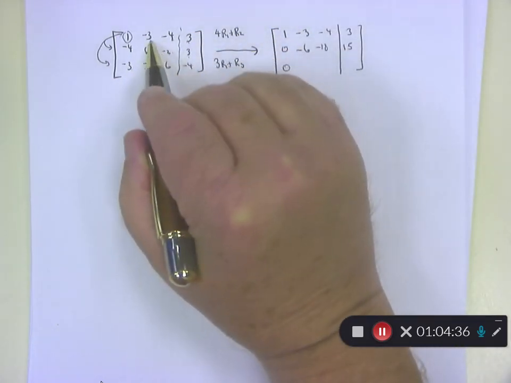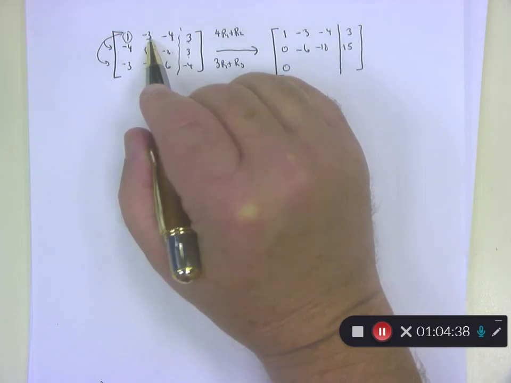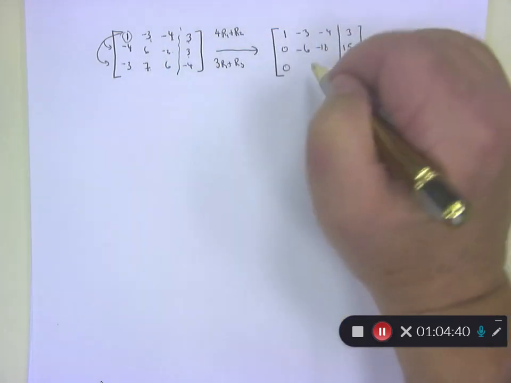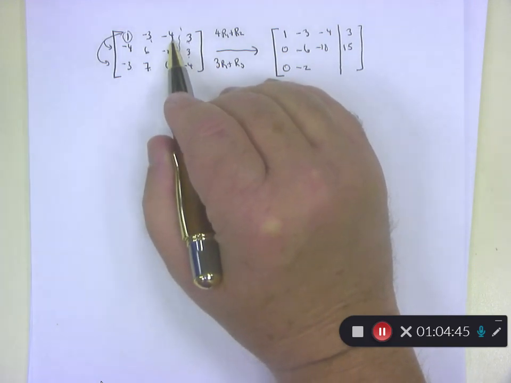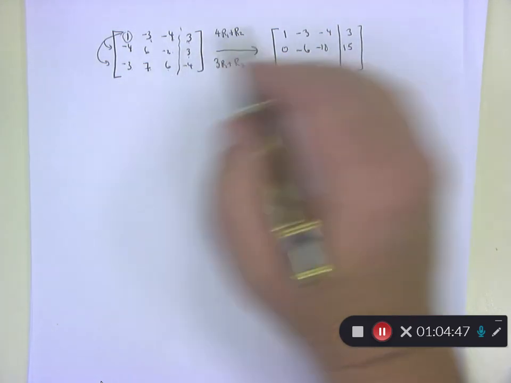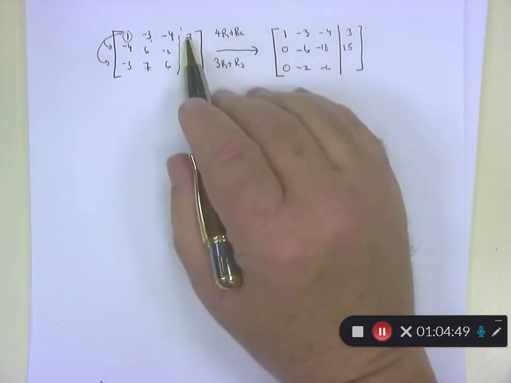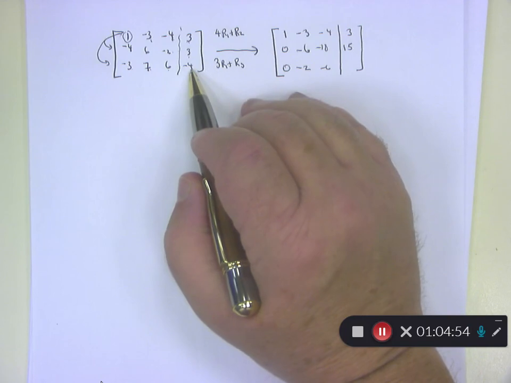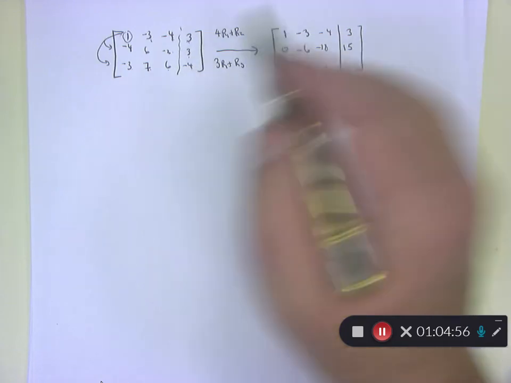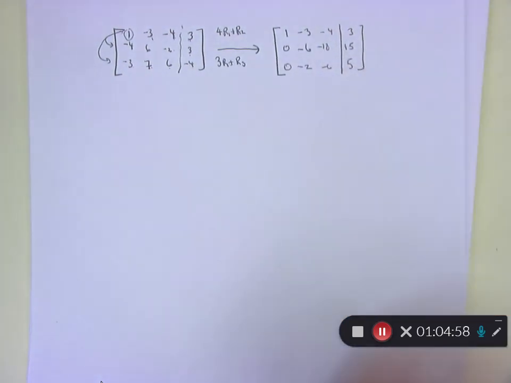Negative 3 times positive 3 is negative 9, plus 7 is a negative 2. Positive 3 times a negative 4 is a negative 12, plus 6 is a negative 6. And a positive 3 times a positive 3 is a 9, minus 4 is 5.